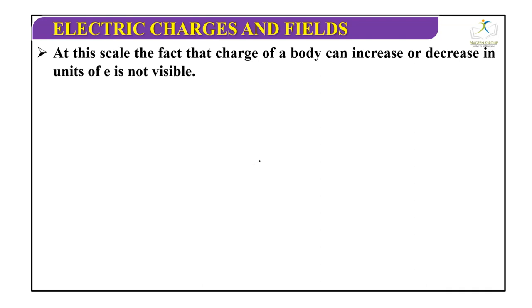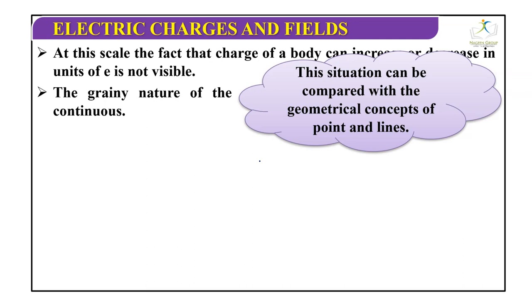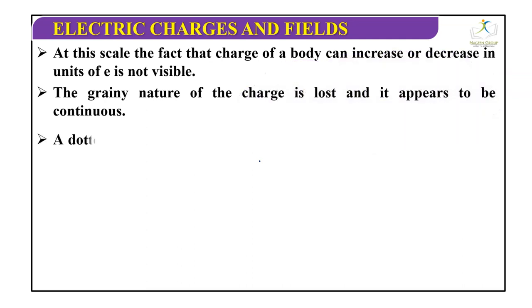So, taking another point, the granular nature of the charge is lost and it appears to be continuous also. This situation can be compared with the geometrical concept of points and lines.